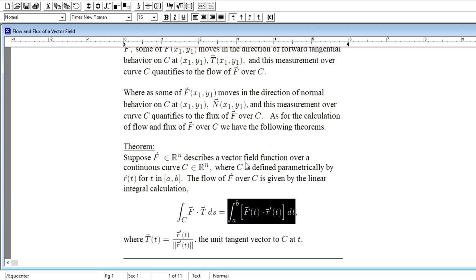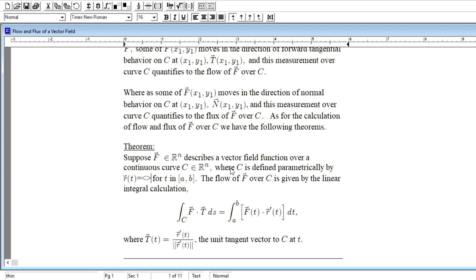All right? We do have to consider having our curve C defined parametrically by r bar of t. That is where it all begins. If we have it defined parametrically by r bar of t, that gives us the description of what we would interpret as the n-dimensional curve, where the first component is x of t, the second component is y of t, the third component is z of t, and so forth.